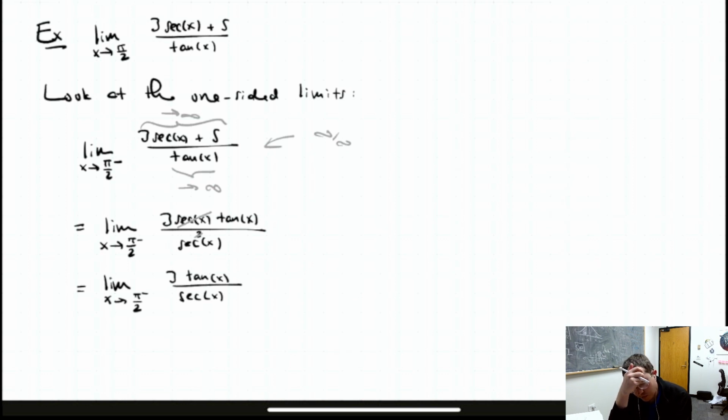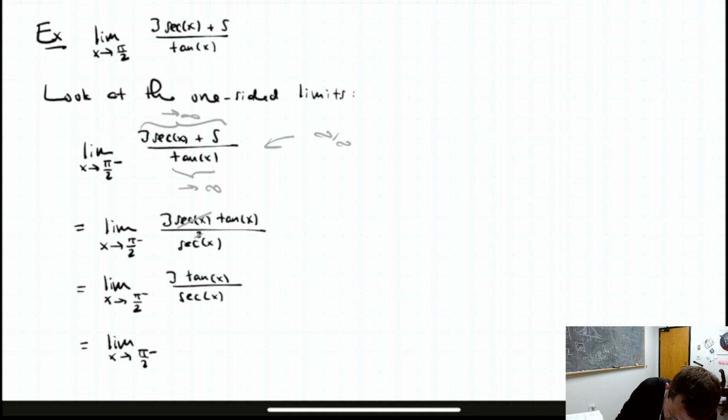But before we do L'Hopital's rule again, let's actually just see if we can simplify this at all. So I'm going to write that tangent as sine x over cosine x. And secant is 1 over cosine x.